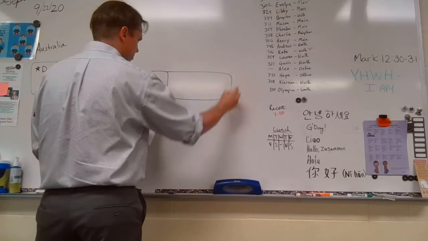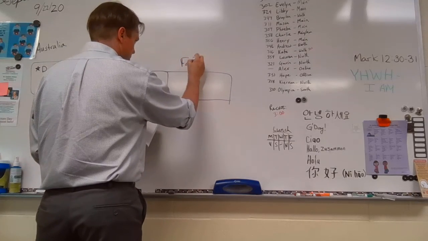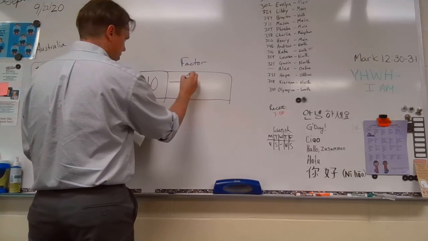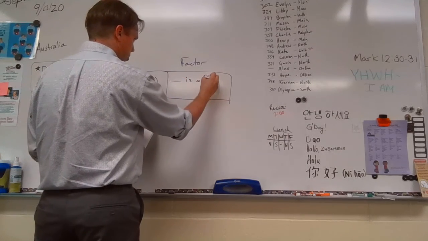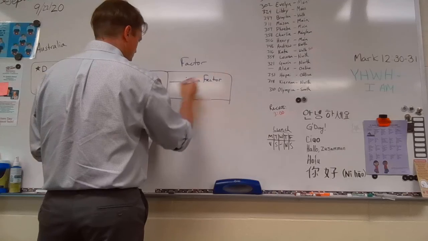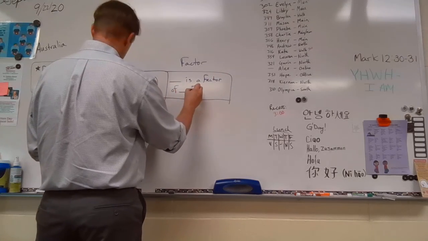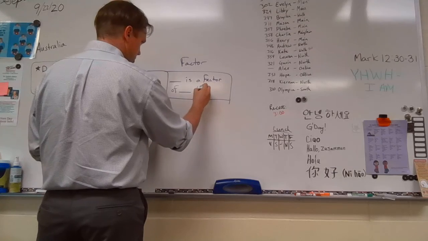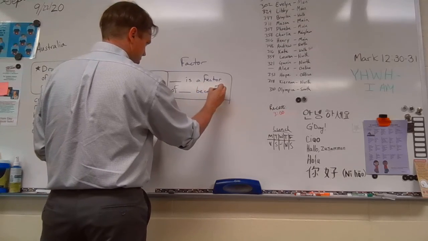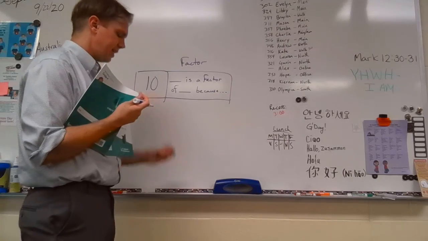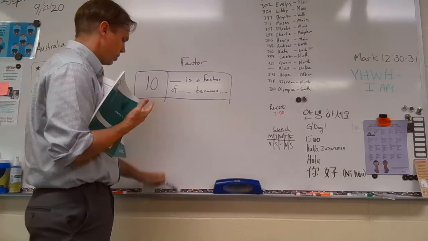It goes over here. Above it says factor. Okay, so blank is a factor of blank because, and then there's some space below.